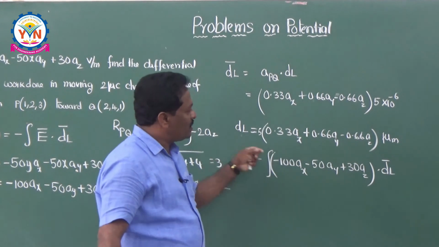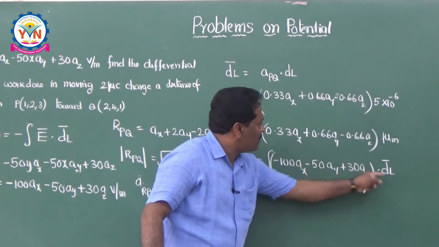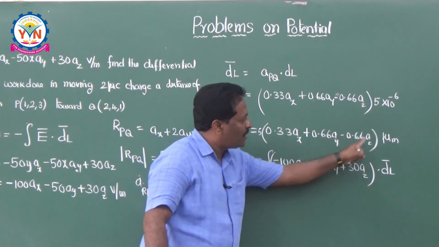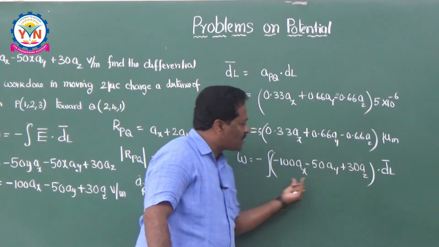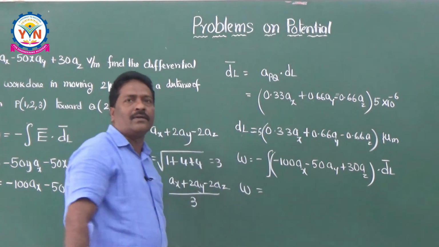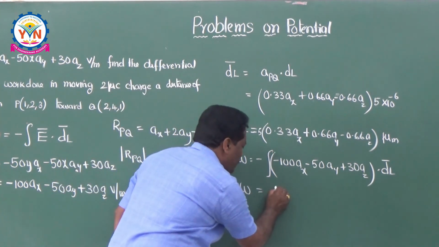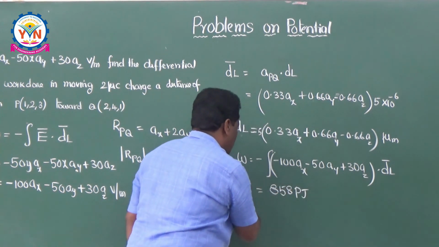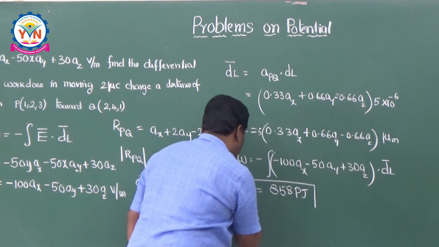So just use here this dl bar, then you can say AX dot AX is 1, AY dot AY is equal to 1, AZ dot AZ is equal to 1. Just simplify this, then the total work done is W is equal to 858 picojoules. This is the way of doing this problem.